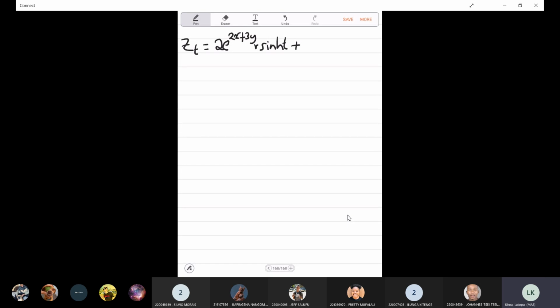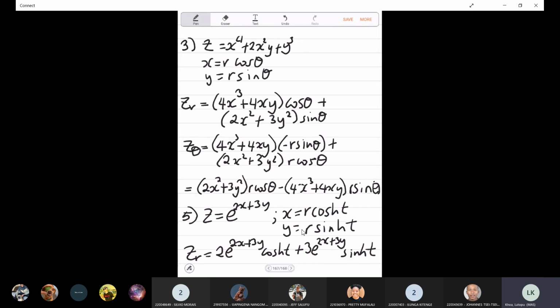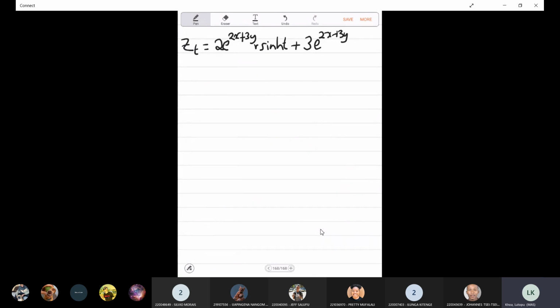And then z with respect to y, which we did already, e to the power of 2x plus 3y, and then multiply that by the derivative of y with respect to t, which is r hyperbolic cos of t. So this is r.